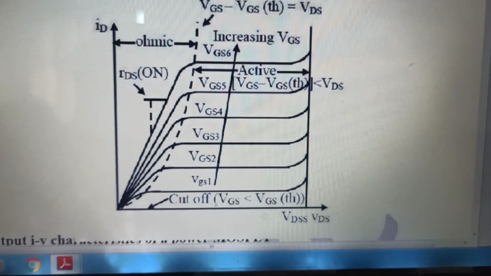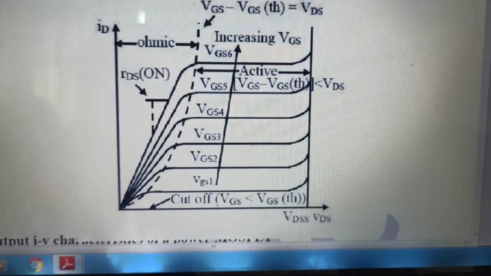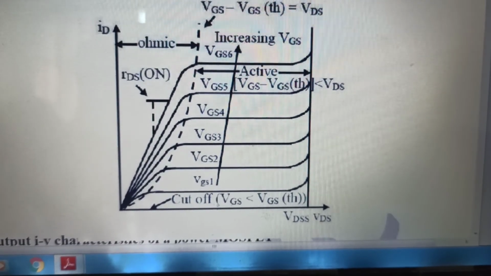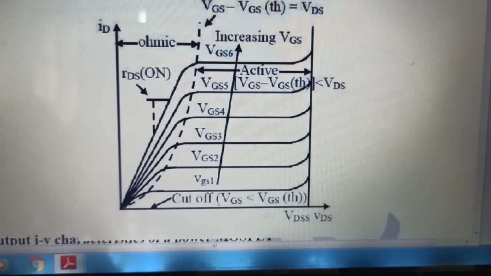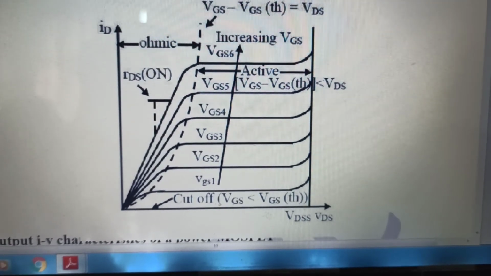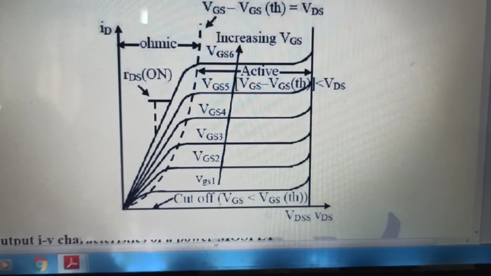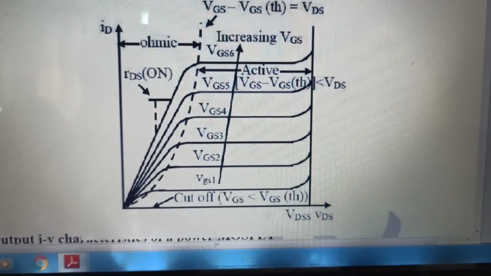The increase will be very rapid and violent, so that it may damage the device. Generally, we will operate the device in the ohmic region or in the cutoff region, and not in the saturated or active region.